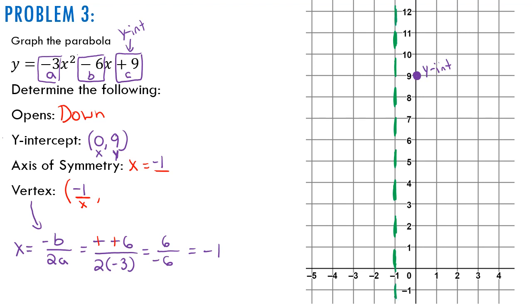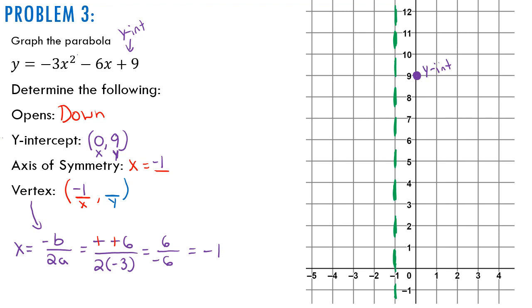Well, I need to figure out what is the y part of the vertex so I'm able to graph the point. All right, so I'm going to take the negative 1 I got for the x value, and I'm going to plug it into the equation y equals negative 3x squared minus 6x plus 9.